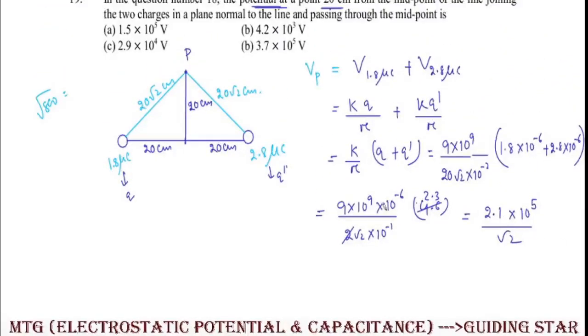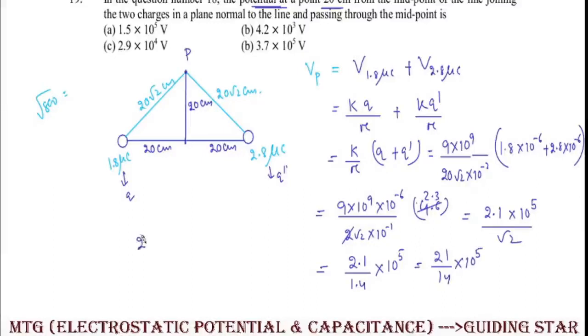So if we calculate this value, so here we can write 2.1 divided by 1.414, so let it be 1.4 into 10 to the power 5, so it will be 21 by 14 into 10 to the power 5.